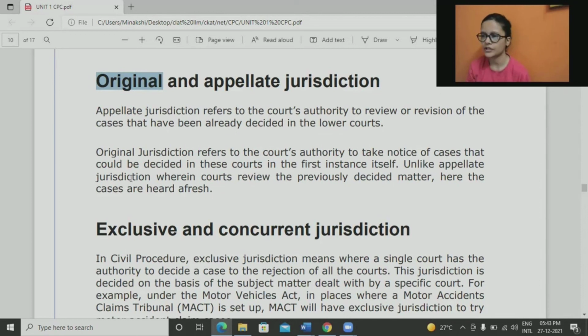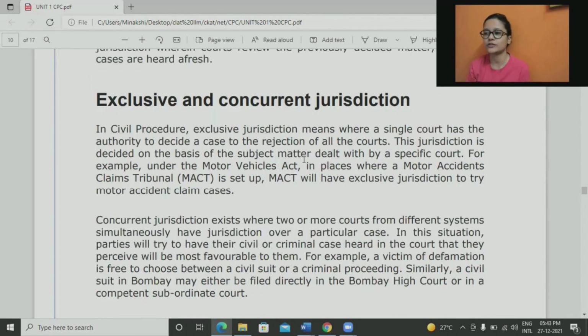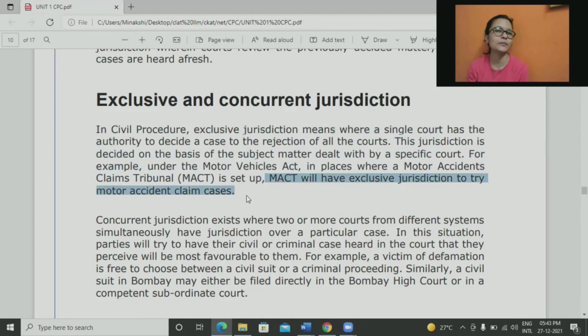So original and appellate done. Next one is exclusive and concurrent jurisdiction. Exclusive means exclusively that court is having jurisdiction, like I said, the Motor Accident Claims Tribunal. If in a certain district a motor accident claims tribunal is set up, the legislation very clearly specifies that only this MACT will have exclusive jurisdiction to try motor accident claim cases.